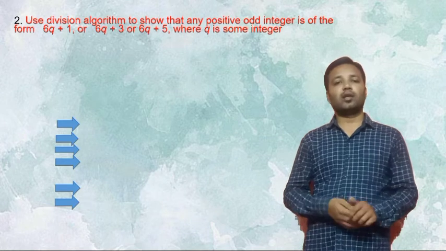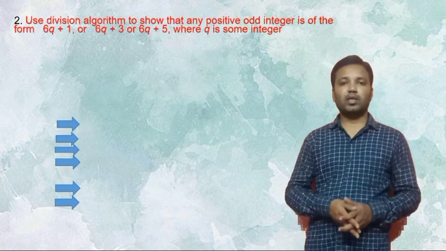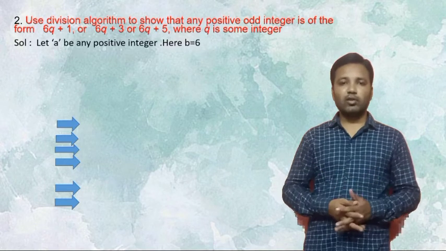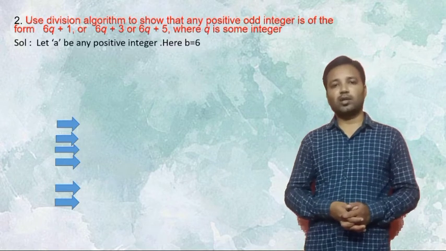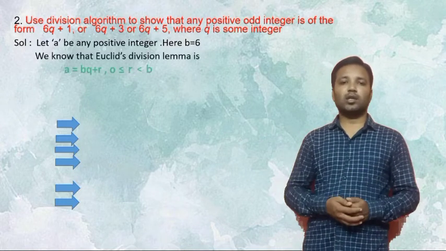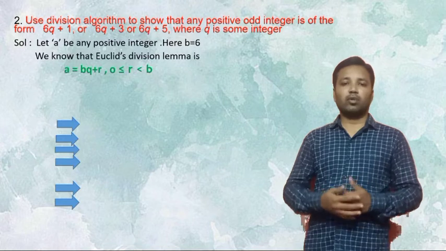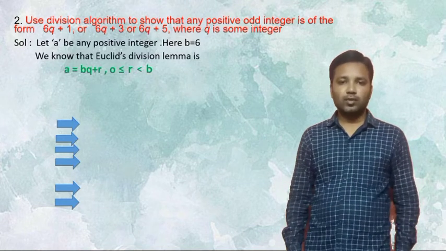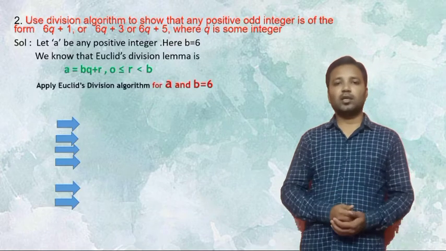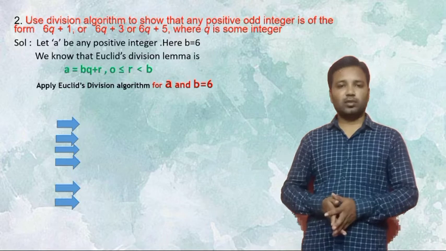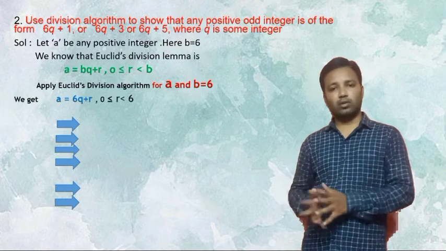First of all, you have to consider a positive integer a, and here you have to understand the divisor value from that a required one. Here b is equal to 6, and we know Euclid's division algorithm: a is equal to bq plus r, where 0 is less than or equal to r is less than b. Let us apply that Euclid division algorithm for a and b equal to 6.